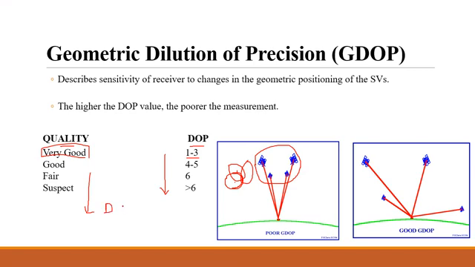DOP has an inverse relation with the quality of a position. As the value increases, quality decreases.